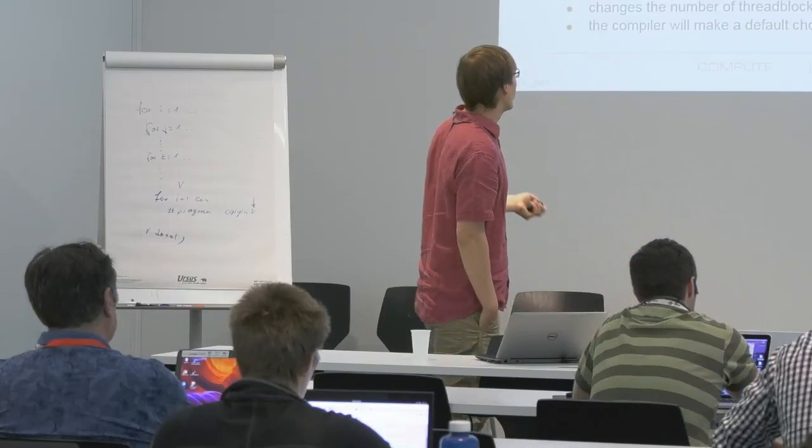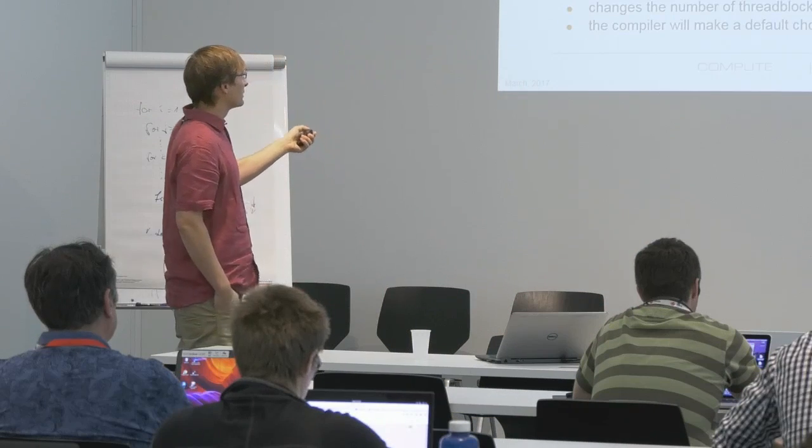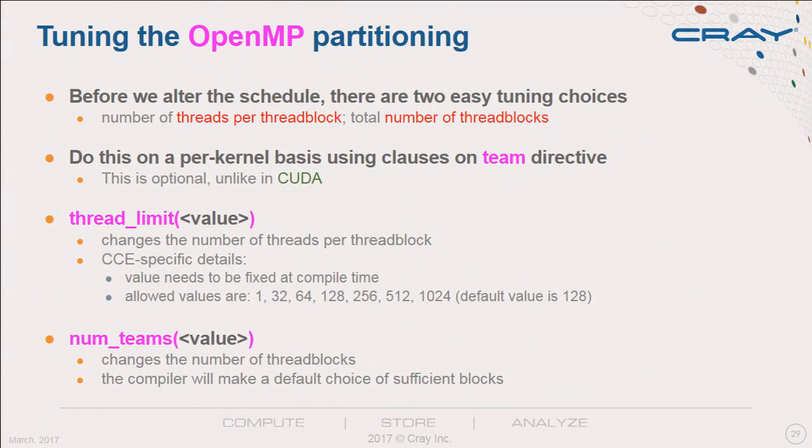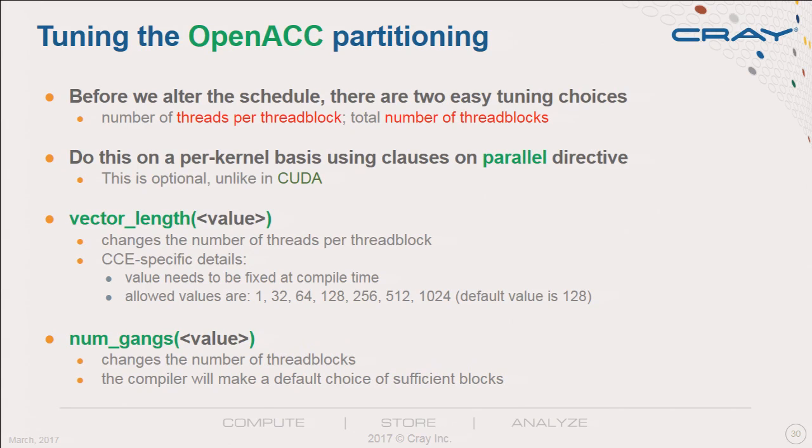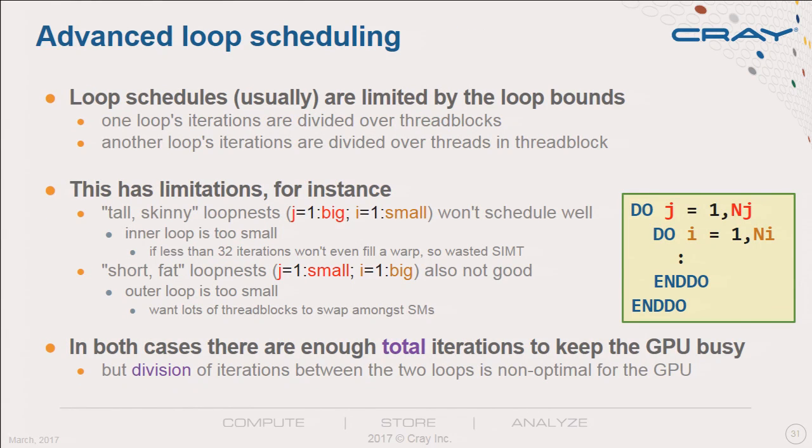For that we have the two clauses: thread_limit, where the default is 128, to set the number of threads per thread block, and num_teams to set the amount of thread blocks. In OpenACC it's similar, as you mentioned already. There we have vector_length and num_gangs, which map to the behavior I showed in the OpenMP statement.